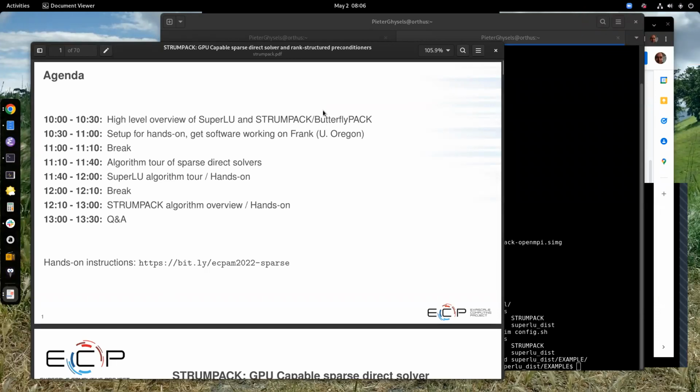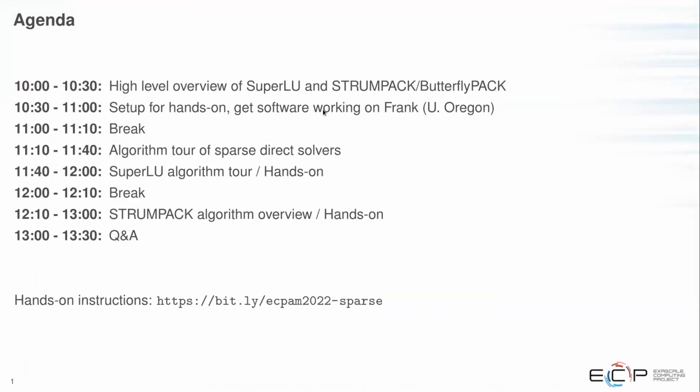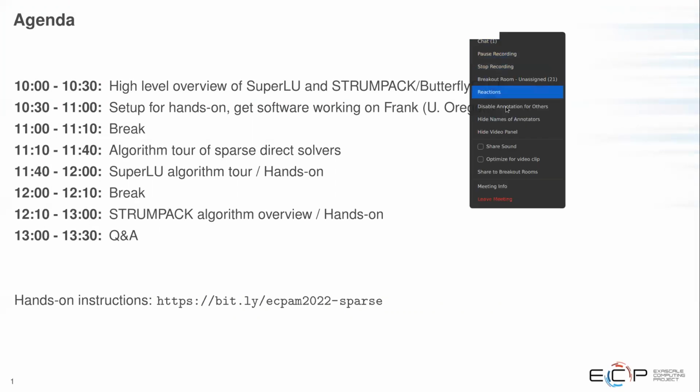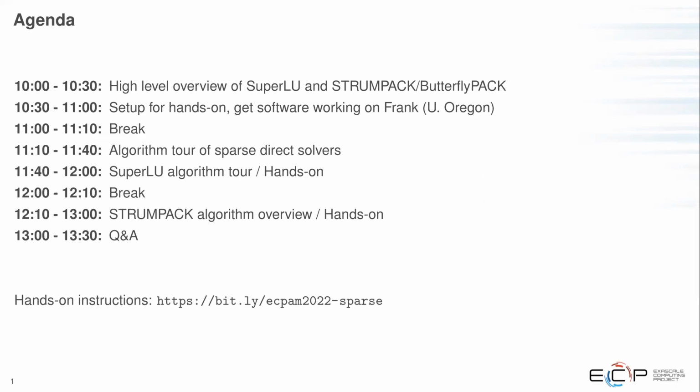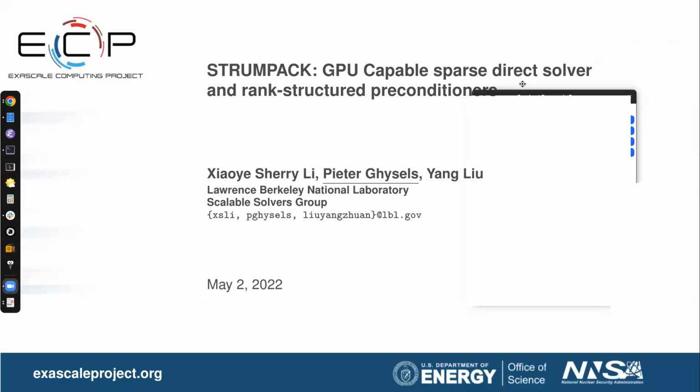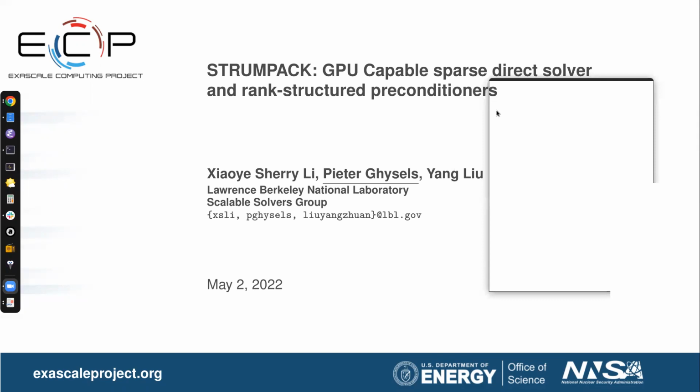So one thing I want to mention is we have breakout rooms set up for this. There are 3 rooms, one for each of us, and then there's one room just for drop-in if you want some other discussion.